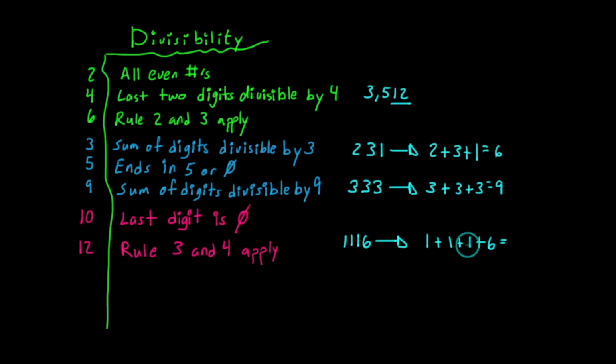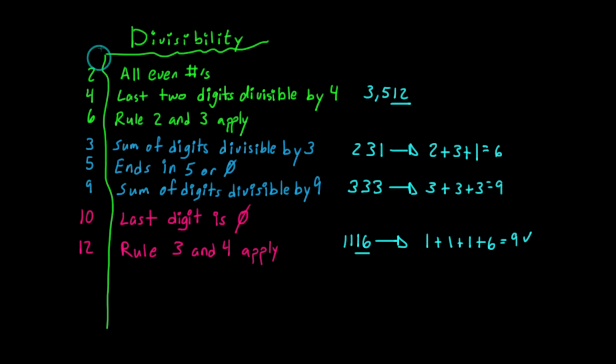Well, 1 plus 1 plus 1 is 3, plus 6 is 9. 9 is divisible by 3, so the rule of 3 checks out so far. 12 might be divisible by this number, but I've got to make sure that the rule of 4 also works. So the rule of 4 says the last two digits must be divisible by 4. Since 16 is divisible by 4, the rule of 4 also checks out. Therefore, 1,116 must be divisible by 12.